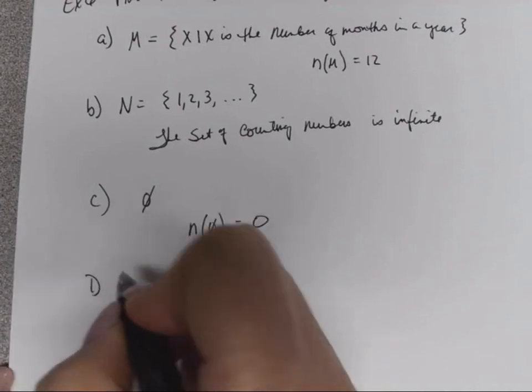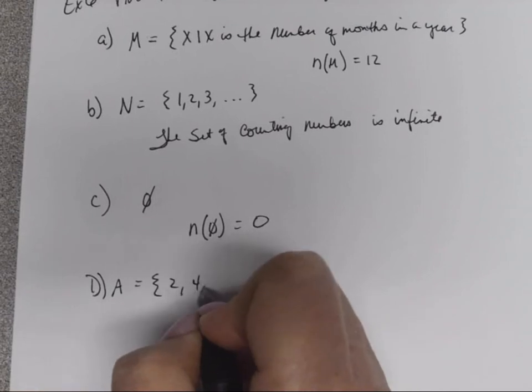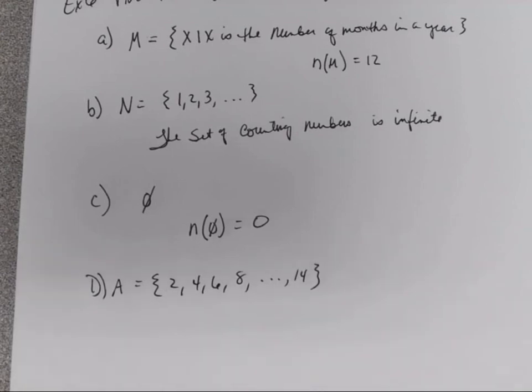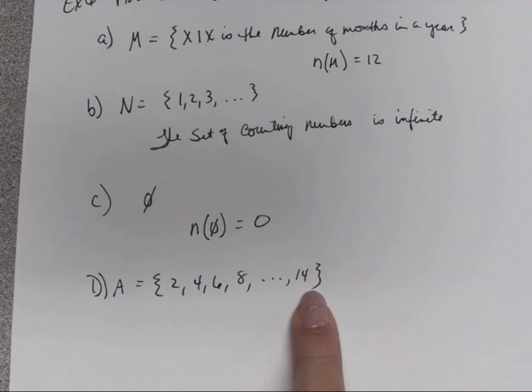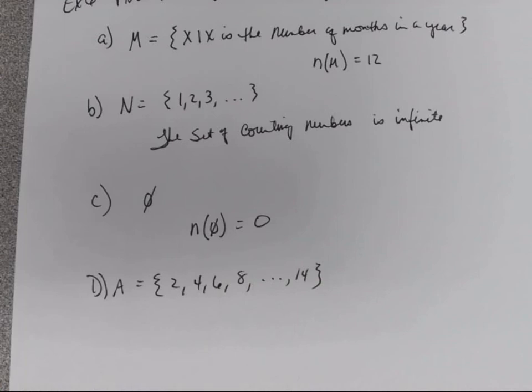Now if I look at part D, with set A equal to 2, 4, 6, 8, dot, dot, dot, 14. Now the difference between here and here is I have an ending number. So how many numbers are in there? Sorry. 2, 4, 6, 8, 10, 12, and 14.